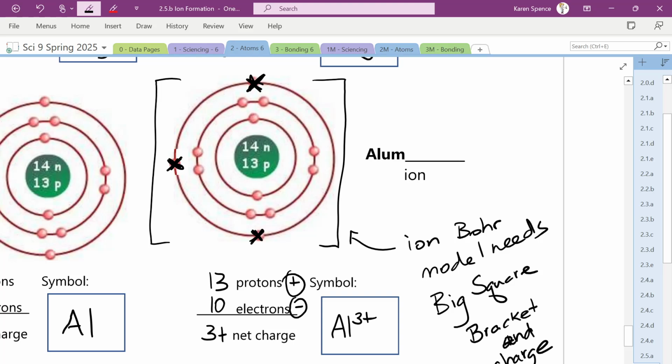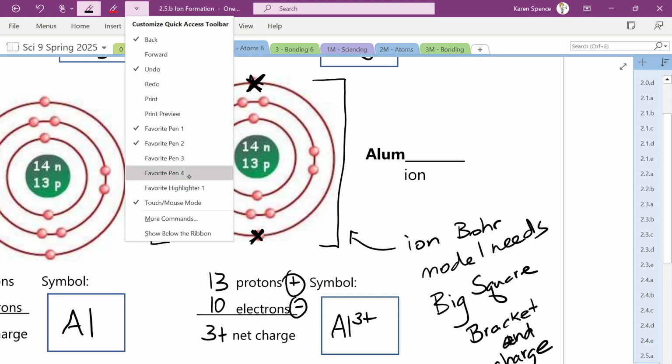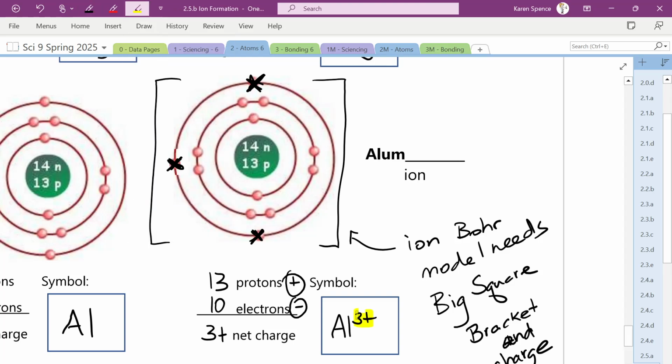Where do you think the charge should go? What corner? Take a guess based on your symbol. Top right. Okay. 3 plus. Does this guy change his name? Do positive ions change their name? No. Aluminum. All right.